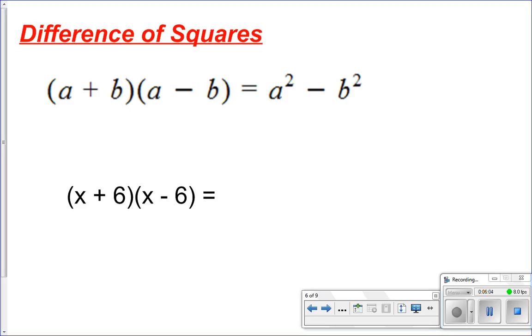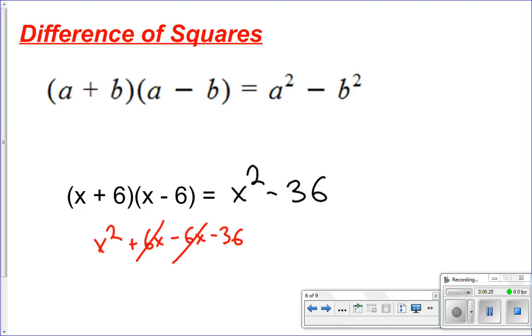So following this formula, you could work this out using FOIL if you want, but using the formula, you get x squared minus 6 squared, minus 36. If I worked it out, I would get x squared plus 6x minus 6x minus 36. Doing the FOIL method, those would cancel out and I'd just be left with x squared minus 36.